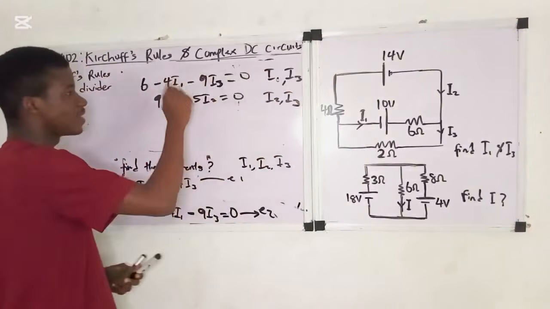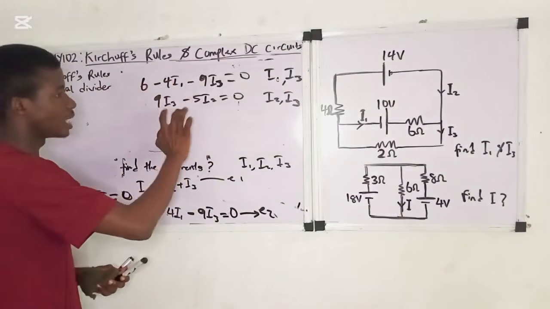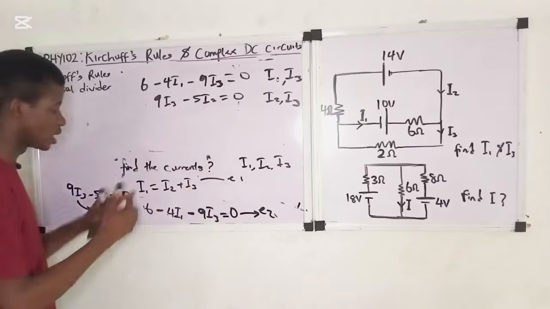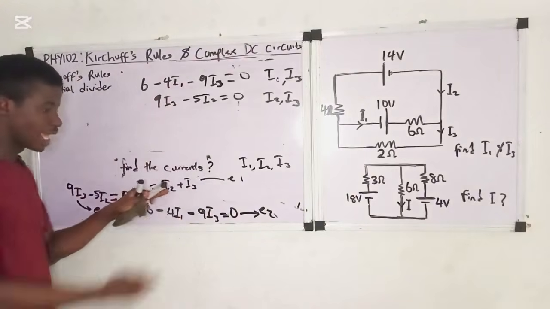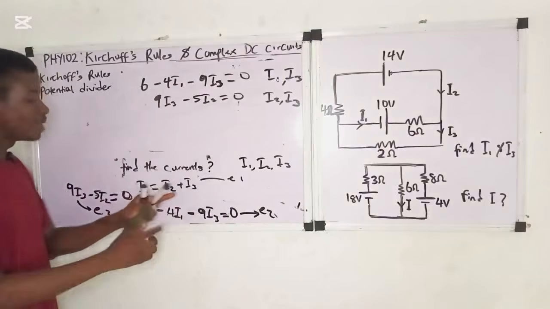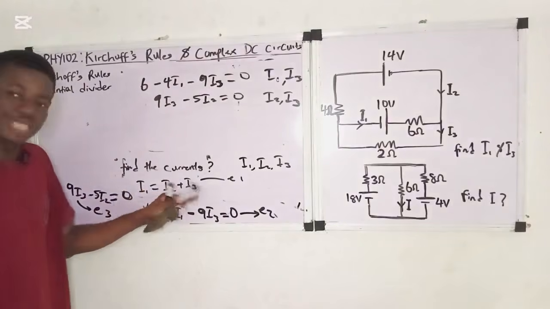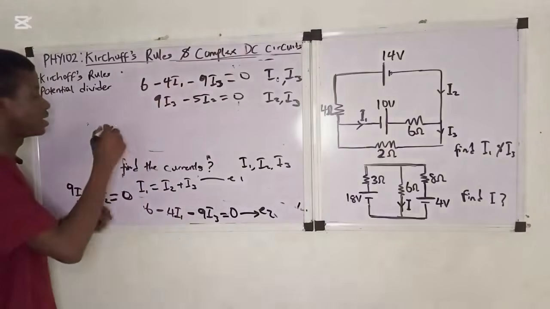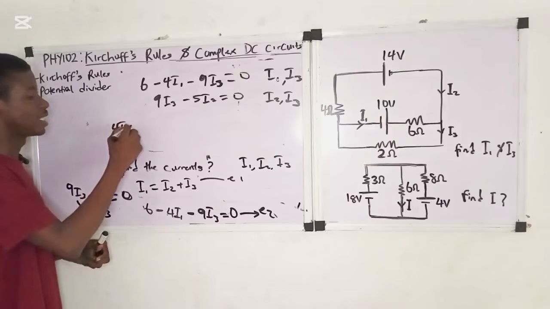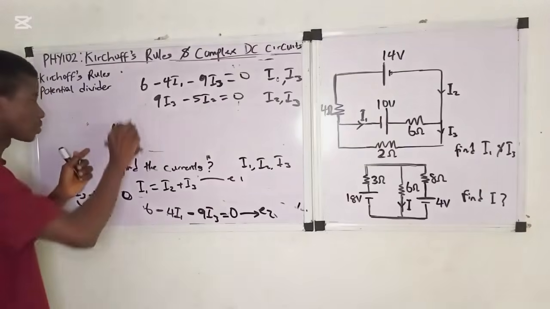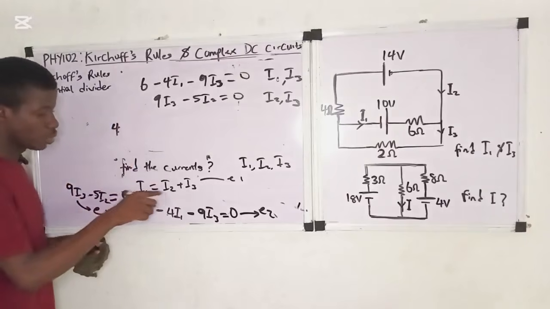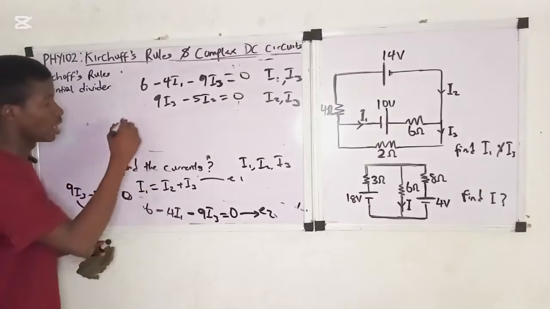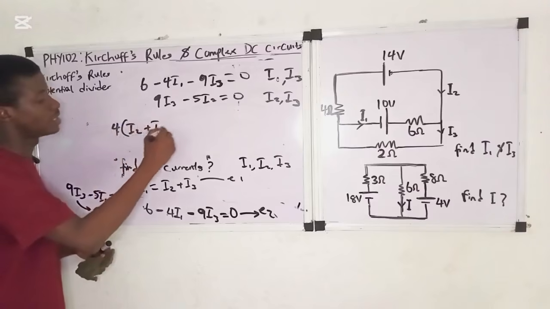No. So we want to make the first equation have the same unknowns as the second equation. How are we going to do it? Remember, I1 is equal to I2 plus I3. So in place of I1, we'll put I2 plus I3, right?